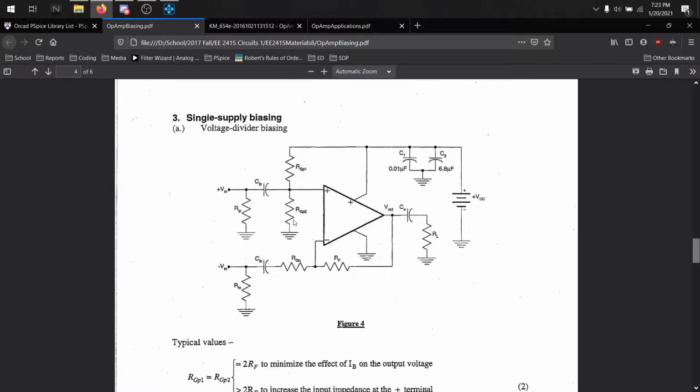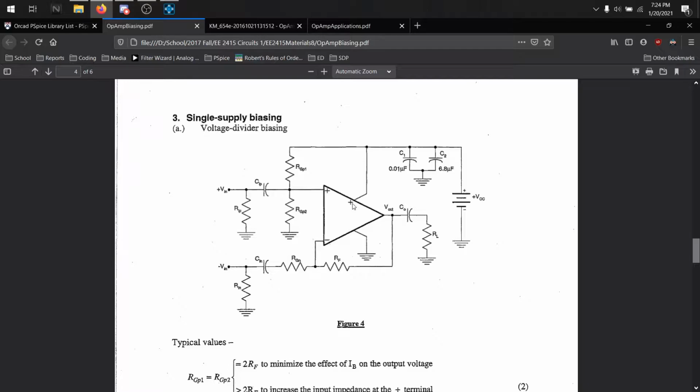So like here, the VCC battery is going to the positive terminal to bias up the op amp, but you don't want any AC going into this one at all. You don't want AC going to it because that will affect the biasing of the op amp, because the voltage is changing. You don't want voltage to change on the biasing side. You want it to stay.